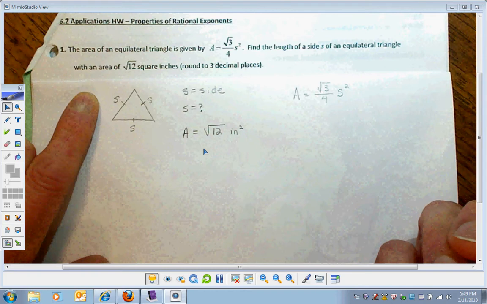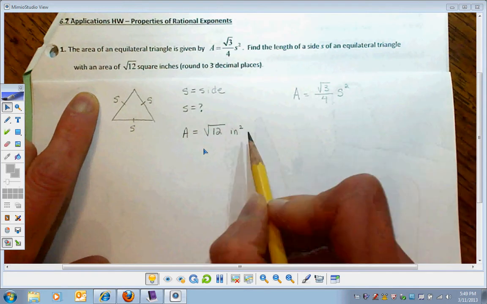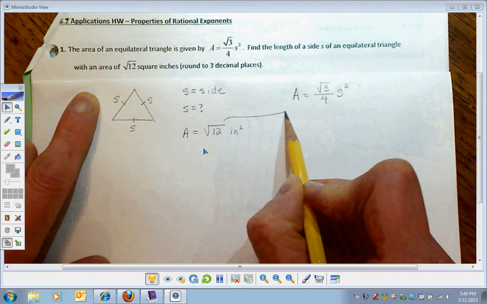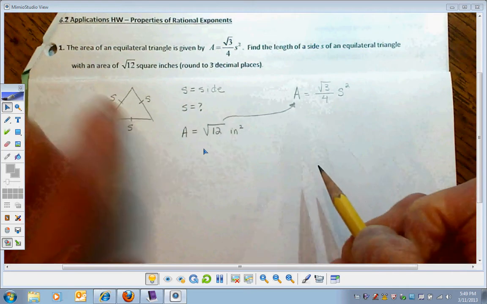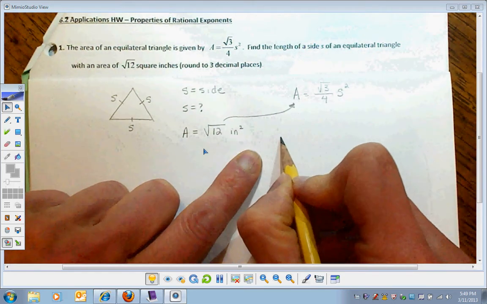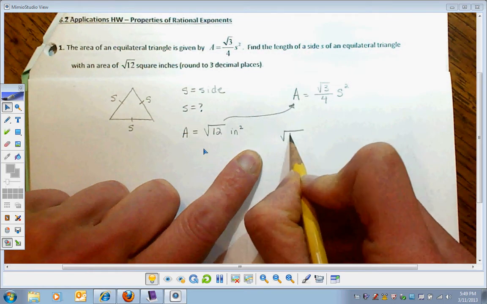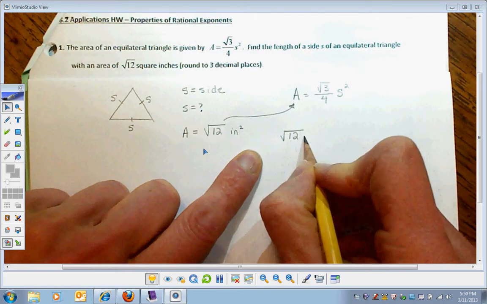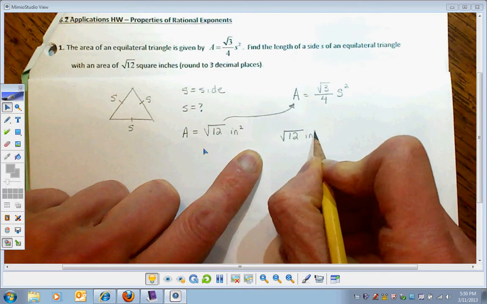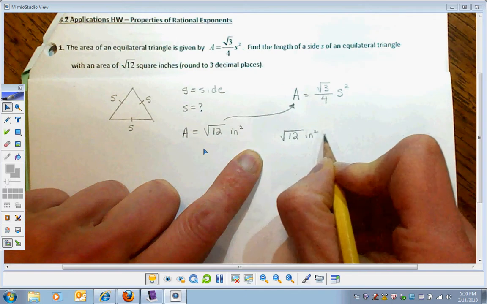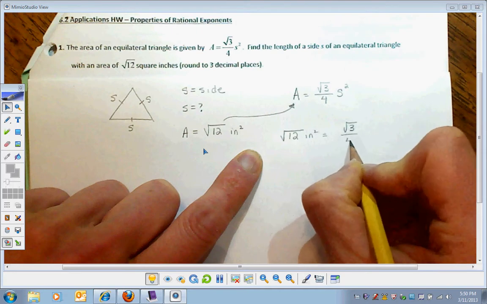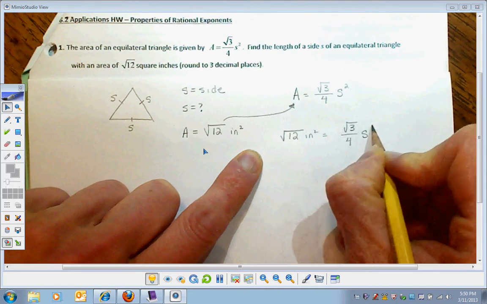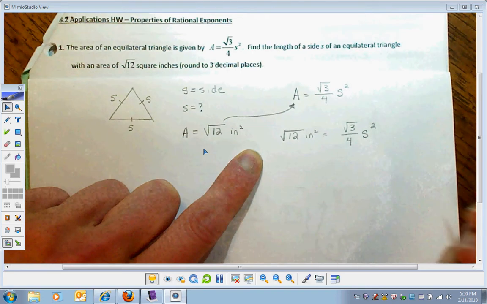Okay, so what do we have? We have our area, which simply gets substituted in for our A. So that means A is the square root of 12 inches squared, which is the square root of 3 divided by 4 times s squared.